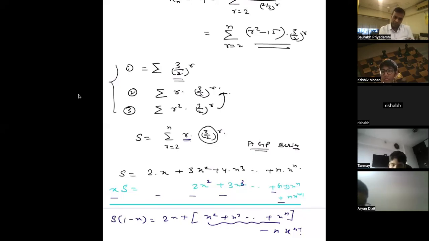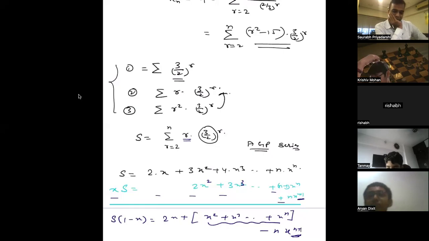This is written as n plus 1, n x to the power n plus 1. I'll show this by differentiation also. We've done this. Okay, done everyone?